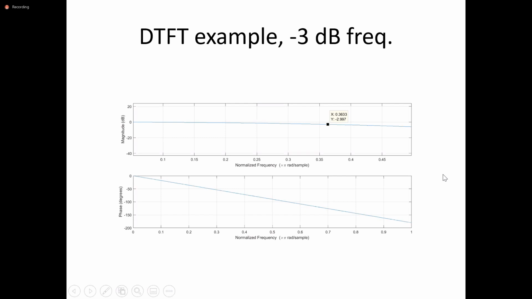A couple of things. I don't want to throw too much at you at one time, but notice here that our phase changes linearly. These filters are known as linear phase filters. Generally, I will say generally, FIR filters are all going to be linear phase. That is finite impulse response filters, the filters that only have your feed forward paths, right?